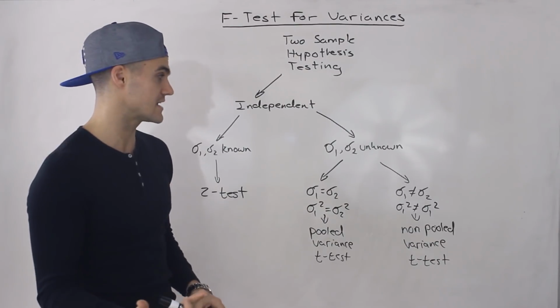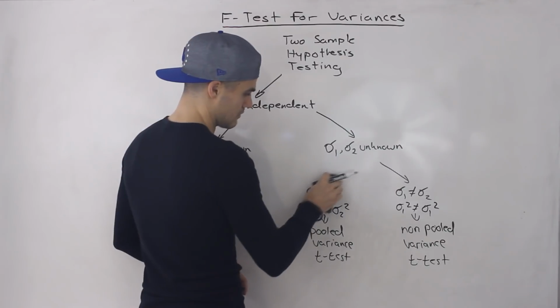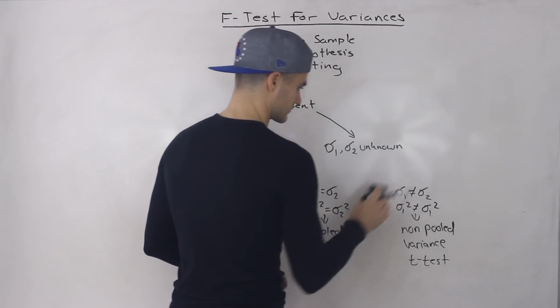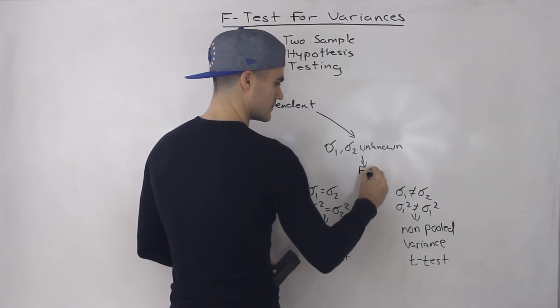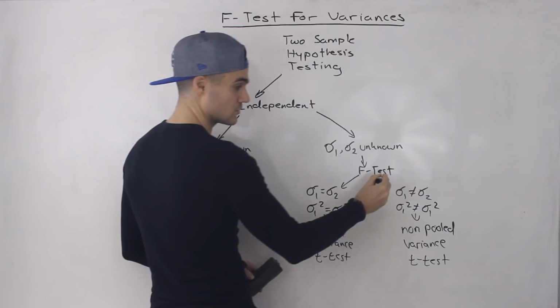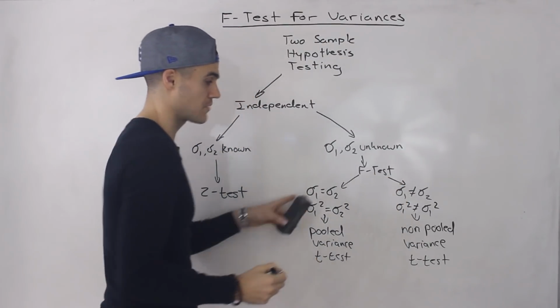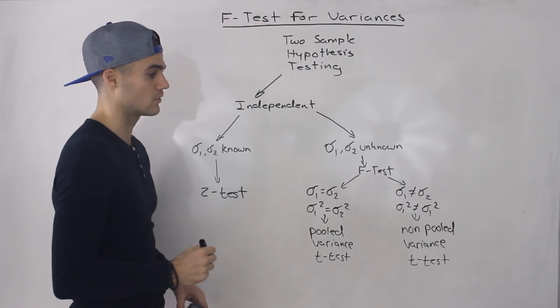We got to run some kind of test for it. So you can actually put another level here. You can do an F-test. And then that F-test is going to tell you whether those population variances or standard deviations are equal or unequal.